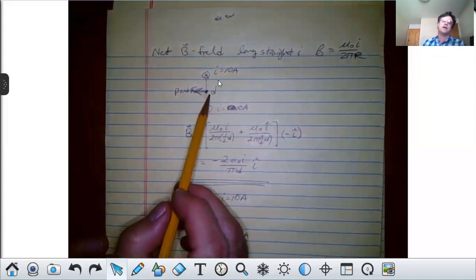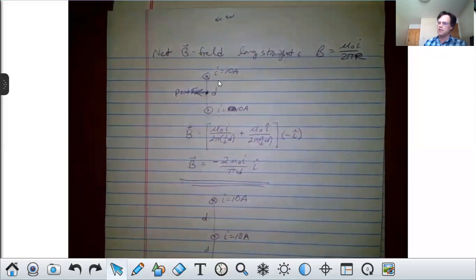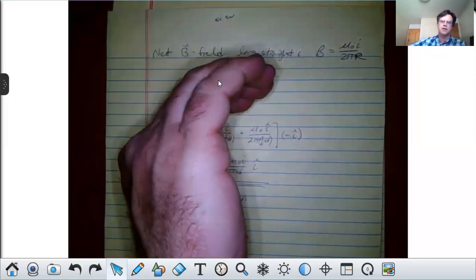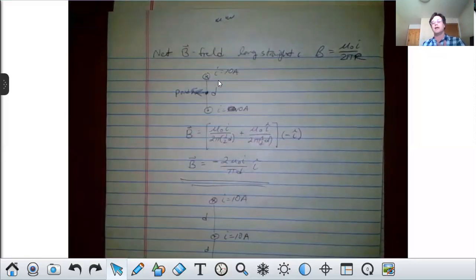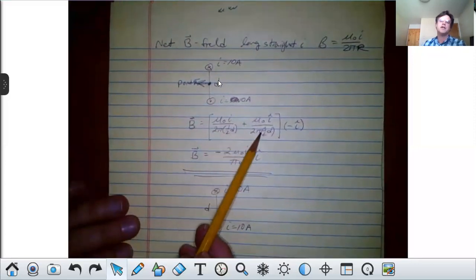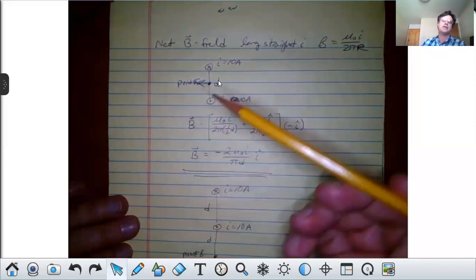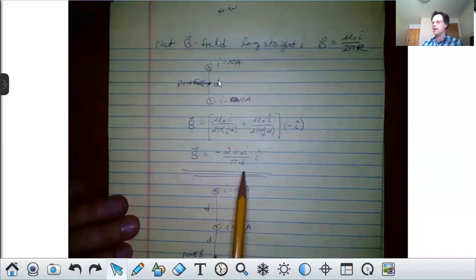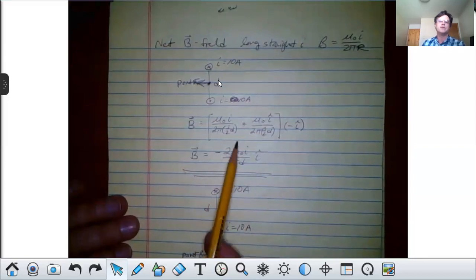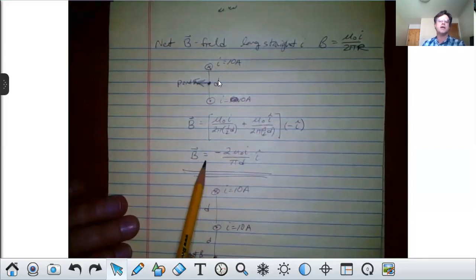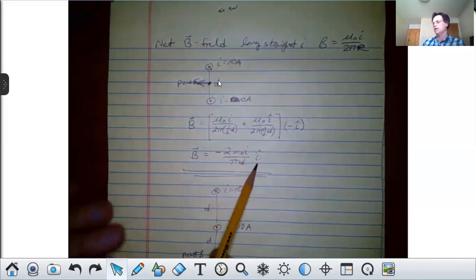Now notice if I change the direction of one of the currents, maybe made this one go in, that field would go to the right, and the net magnetic field would be 0. They would cancel out. As it is in this case, though, we can add these together and write out negative I hat, meaning that the net field is in the negative x direction. So just doing that and adding those fields together, we get negative 2 mu0 I over pi d, again in the negative x direction.